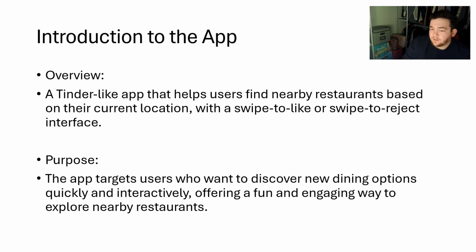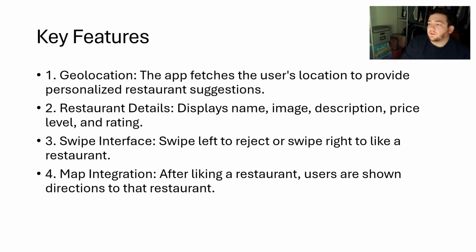It gives them a fun way to find places that they wouldn't normally find. So, some of the key features. It utilizes geolocation, which is crucial for the app. It has the location of the user, and it presents them with restaurants nearby. It displays details such as names, images, descriptions, ratings, pricing, all that sort of stuff.